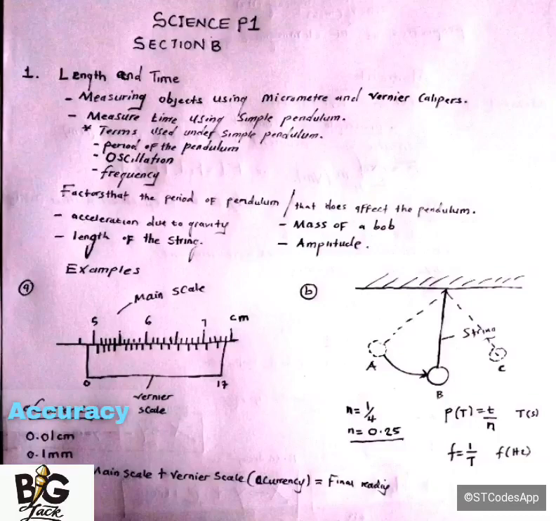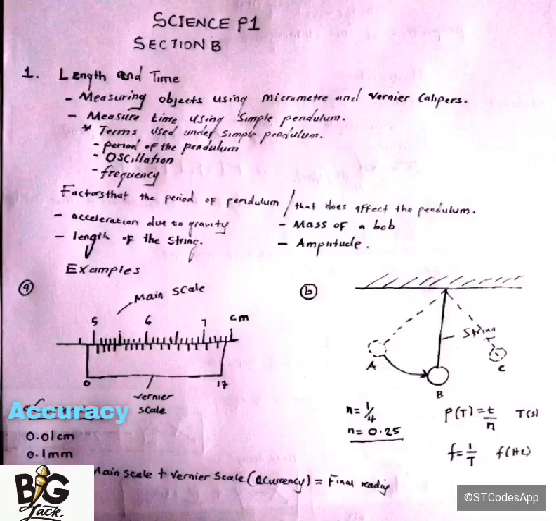Apart from that, you need also to know the terms which are used under simple pendulum. The first one is the period of the pendulum, the time taken for the number of oscillations to be made. Apart from the period, you need also to know the oscillation, the complete swing or revolution of a pendulum bob.